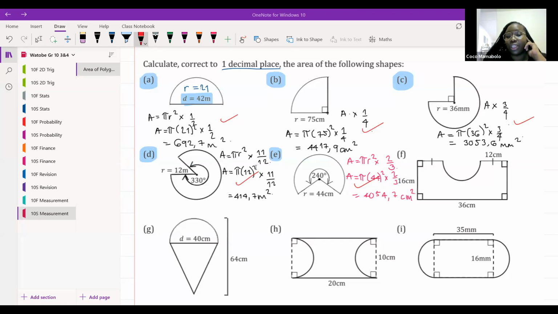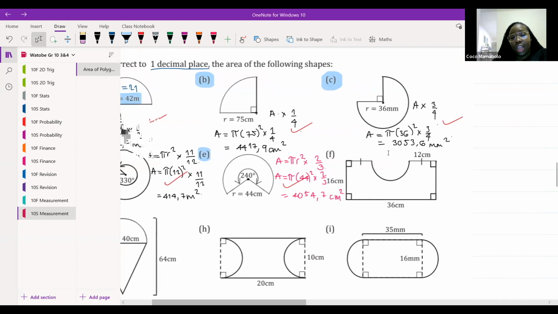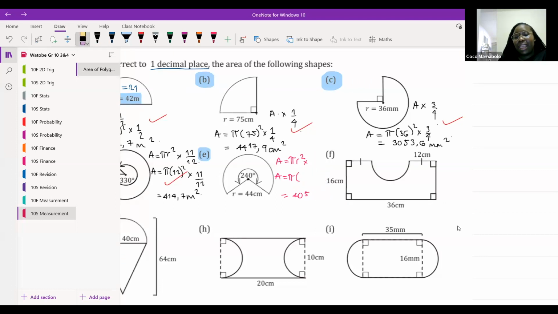It does actually look very easy, because what we're going to be doing is looking at composite shapes, right? Okay, that's what's coming next. If we look at this question that we've got over here, guys, let's look at F very quickly. I know that this particular shape that we're looking at in F is made up of 2 different shapes.